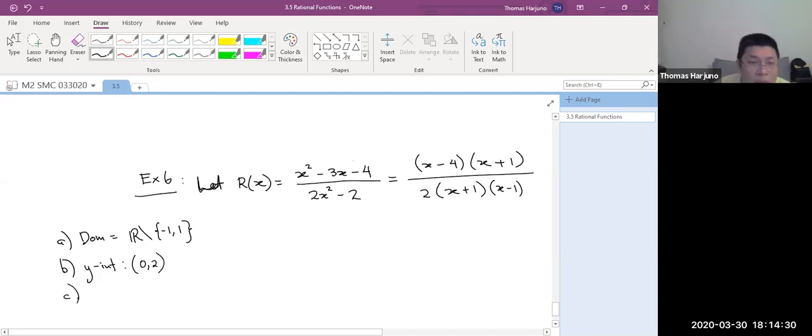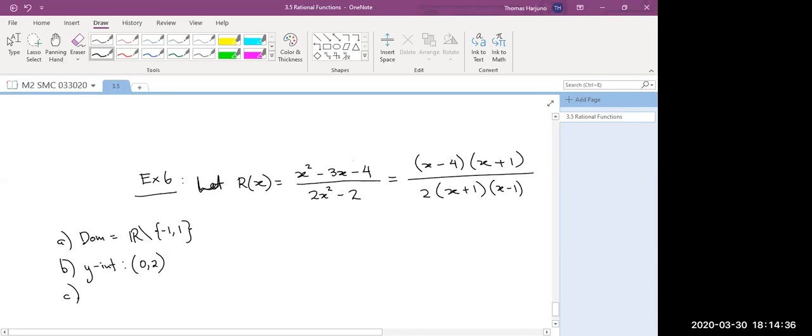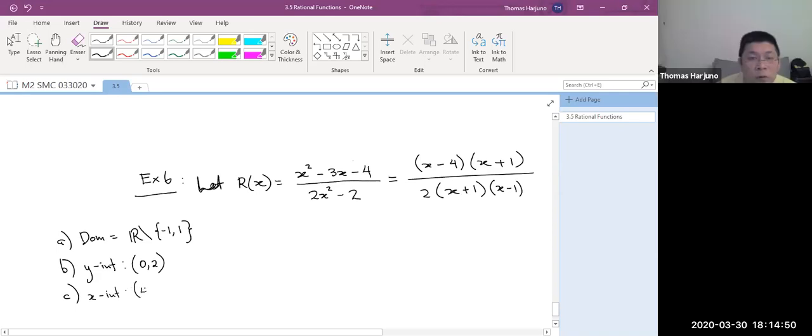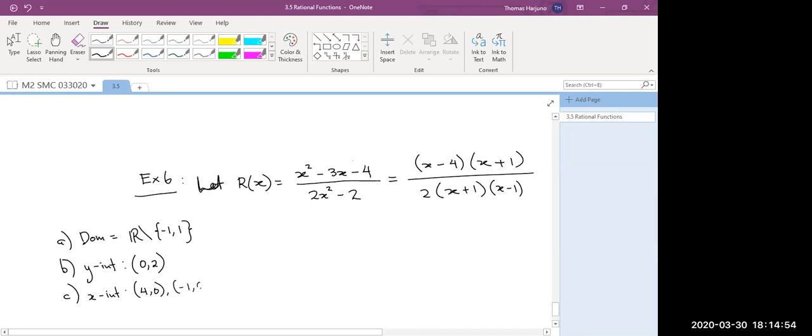How about the x-intercept? 4, 0 and negative 1, 0. Is it okay, everybody?